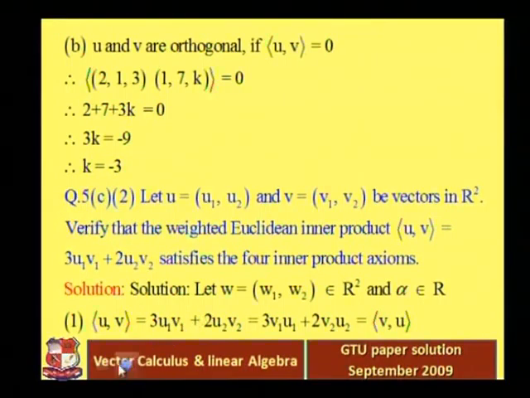First condition is commutativity, second is associativity, right? So we have to satisfy each and every condition to become an inner product space for this weighted Euclidean inner product. So you can see the inner product of u and v is equal to 3 u1 v1 plus 2 u2 v2, that is equal to 3 v1 u1 plus 2 v2 u2, that can be expressed as inner product vu. So the commutative law is satisfied clearly.